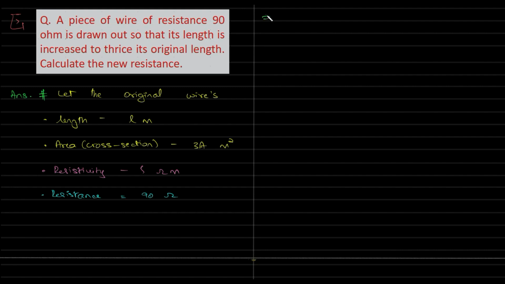Now, the wire, when pulled to thrice its original length, so we have the length L, 3L, sorry, the length will be equal to 3L.